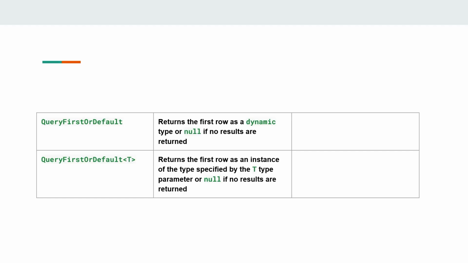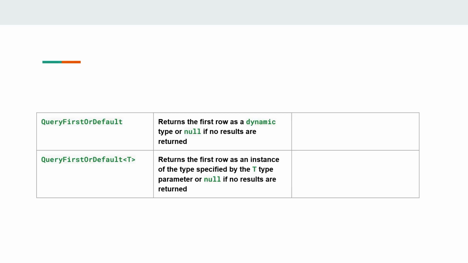This method will never throw an exception. What this will do? This will simply return the first row as an instance of the type specified by the type T, or returns null if there are no result. So basically, if our query is returning more than 1 row, it will pick the first row. And if our query is not returning any row, it will send the null.